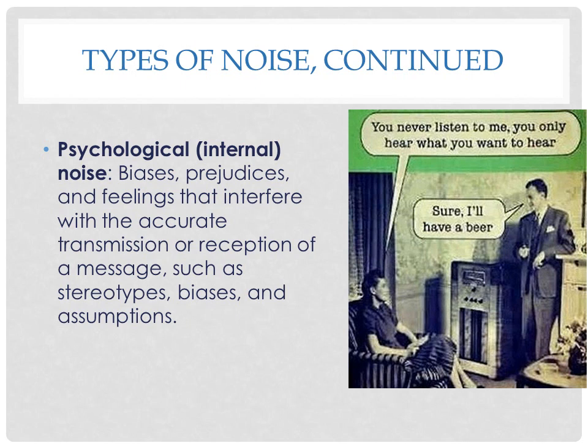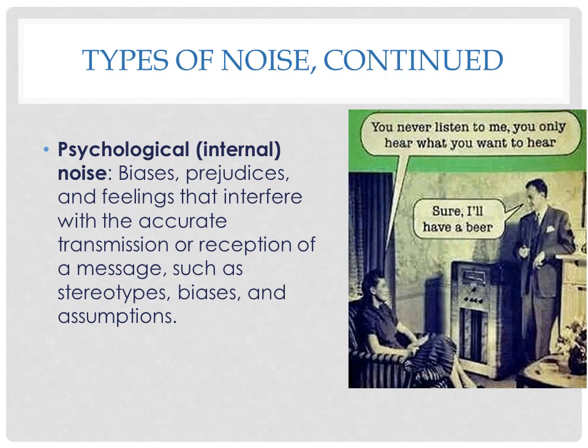There is also what we call psychological or internal noise, and these include biases, prejudices, and feelings that interfere with the accurate transmission or reception of a message, such as stereotypes, biases, and assumptions. It can be everything from not listening to someone of a particular religion or race because you're stereotyping them or biased against them, to assuming that whatever your wife or husband has to say is the same old, so we don't listen to them, we tune them out.